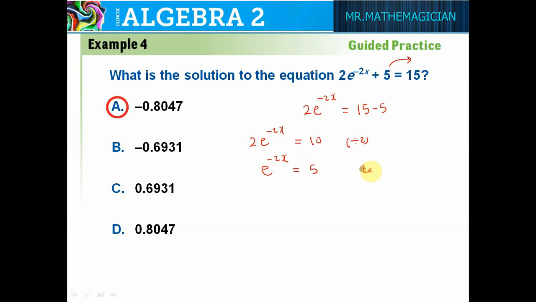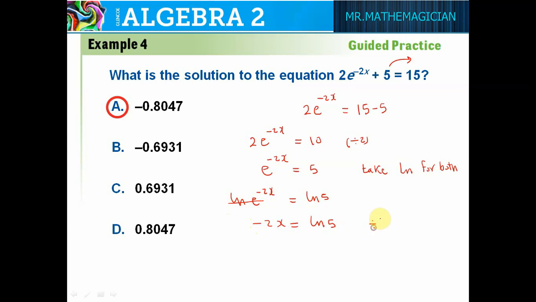Now I will take ln for both sides, so this will be ln e to the negative 2x equals ln 5. Ln will cancel the e because they are inverse functions, so negative 2x equals ln 5.